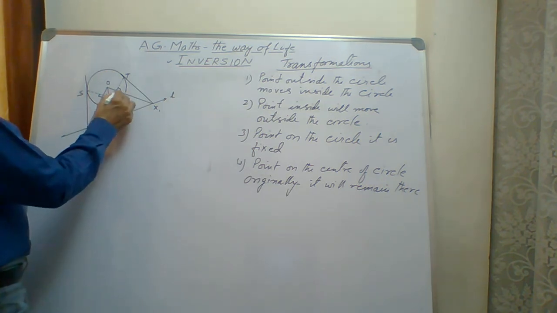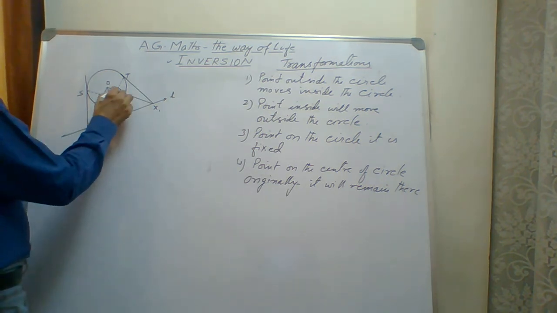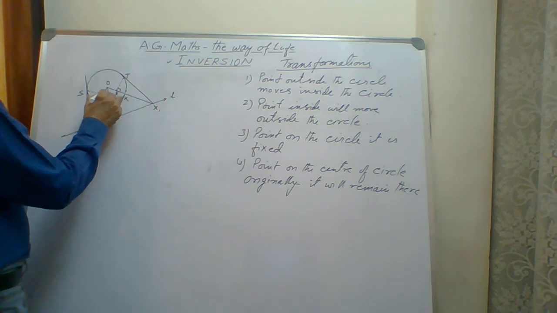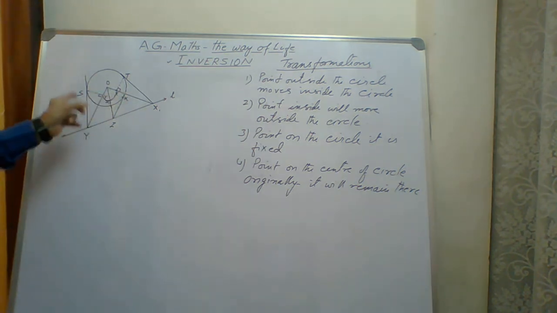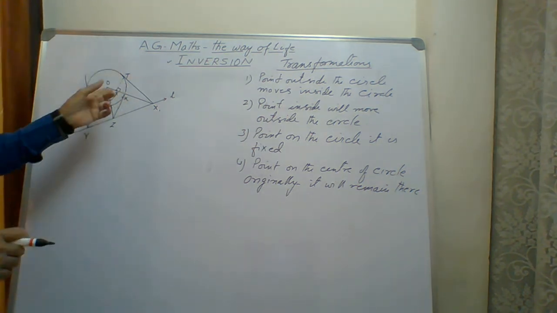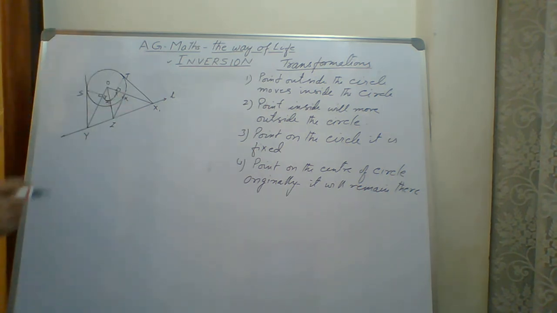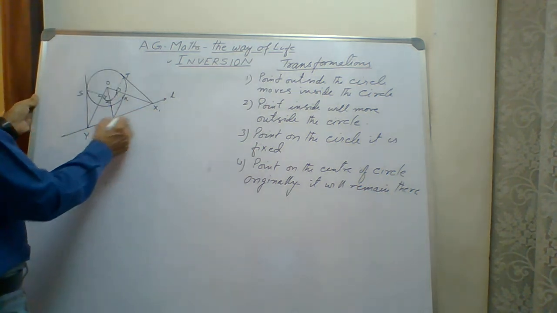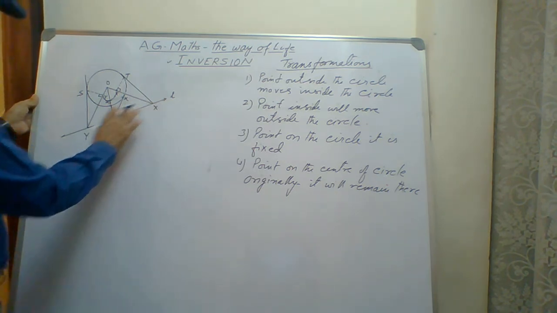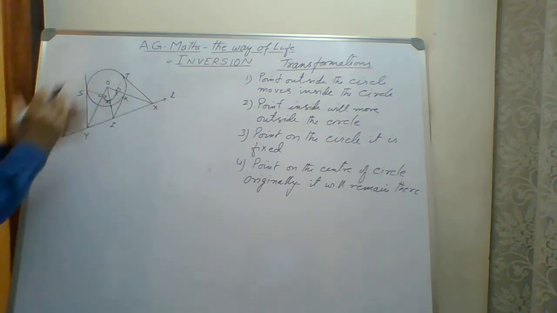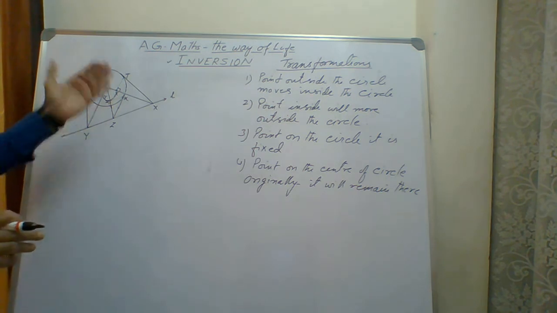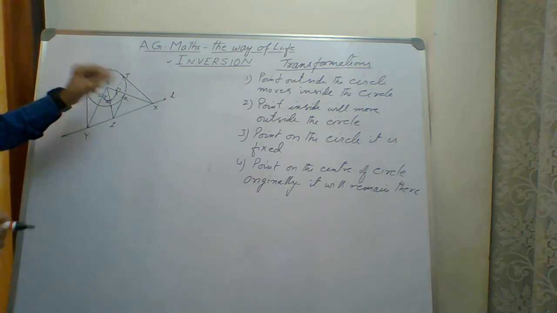Now you see X, Y, and Z. If you look at it, this is a curve which goes round inside in a convex manner, though these points X, Y, and Z were lying on a straight line. So the straight line becomes a curve when it goes inside the circle, or the curve becomes a straight line.